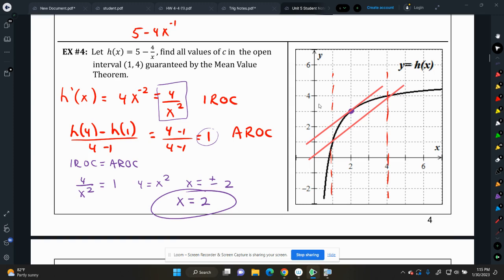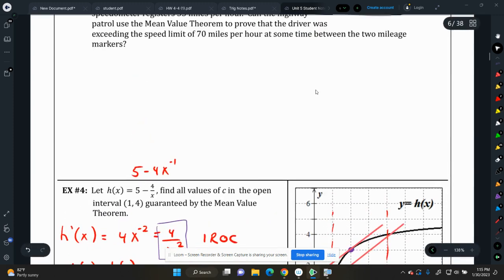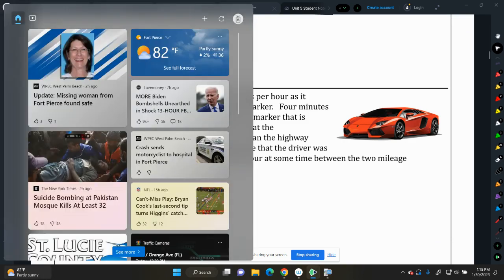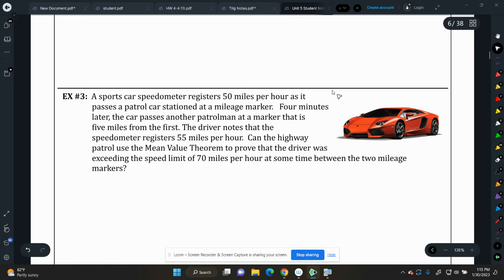Just going to talk through example 3 with you. We're not going to actually do it. A sports car speedometer registers 50 miles per hour as it passes a patrol car stationed at a mile marker. 4 minutes later, the car passes another patrolman at a marker that is 5 miles from the first car. The driver notes that the speedometer registers 55 miles per hour.